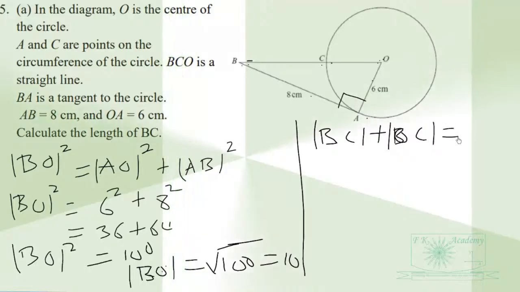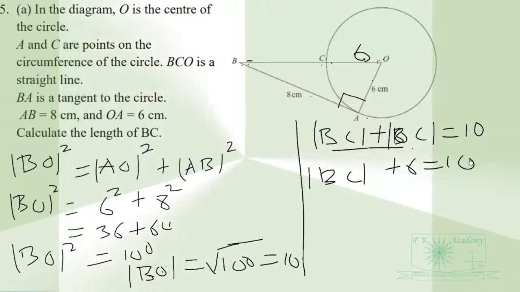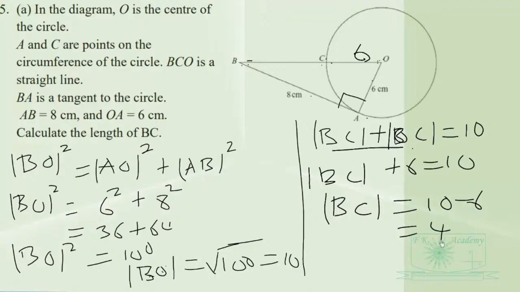So this is what will give us the 10. So I'm using this to represent BO. So BC, what we are looking for, plus OC. OC is the radius, which is 6 centimeters. So plus 6 is equal to 10. So the magnitude of BC will be equal to 10 minus 6, which is equal to 4 centimeters. So the length of BC is 4 centimeters.